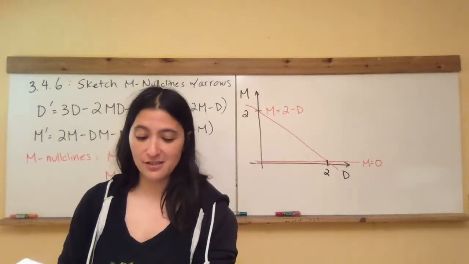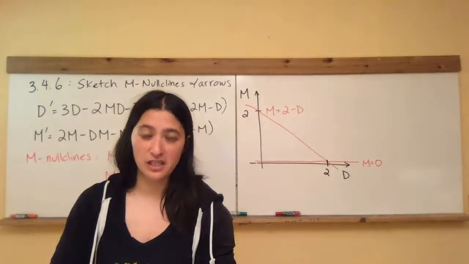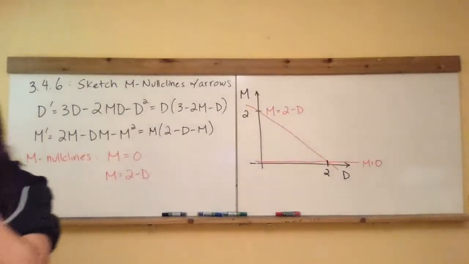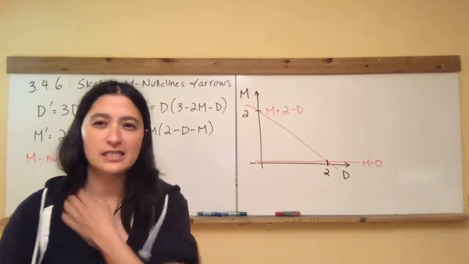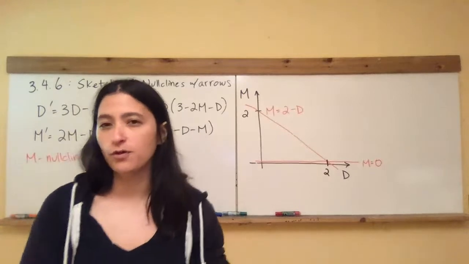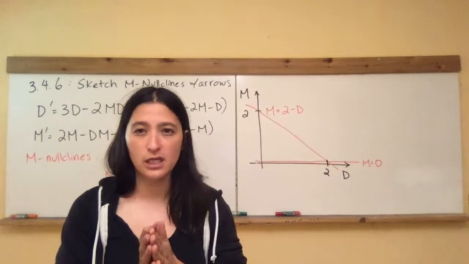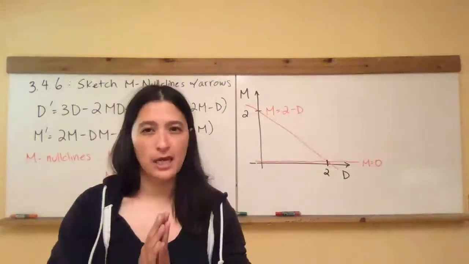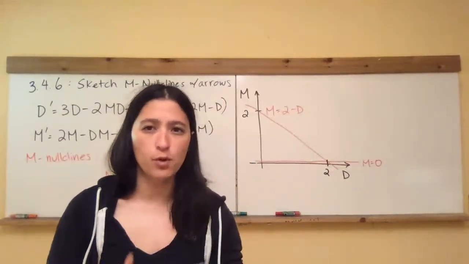But when it says to sketch the change vectors on the nullclines, that's when it starts to get tricky. Where I like to start is to think about which way these change vectors are going to be pointing. Before I even begin with the work of the problem, I want to ask those of you who are listening: are the vectors that I sketch on the nullclines either always going to be left or right, or always going to be up or down?